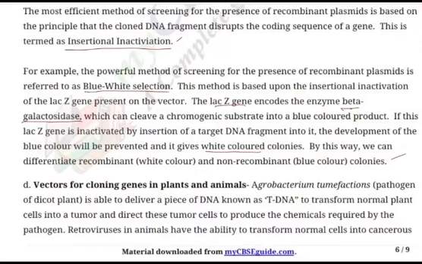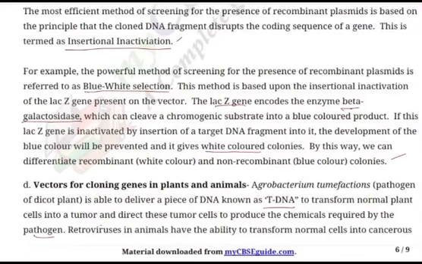Vectors for cloning genes in plants and animals. Agrobacterium tumefaciens, a pathogen of dicot plants, is able to deliver a piece of DNA known as T-DNA to transform normal plant cells into tumor cells and direct these tumor cells to produce the chemicals required by the pathogen.